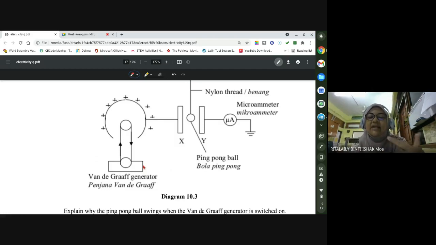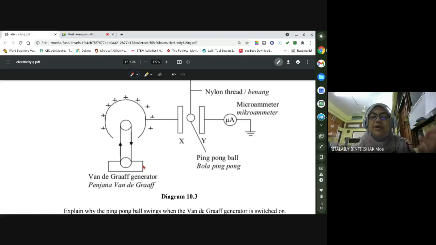And then the third one, electrical force is produced. The fourth point, same charge will repel.